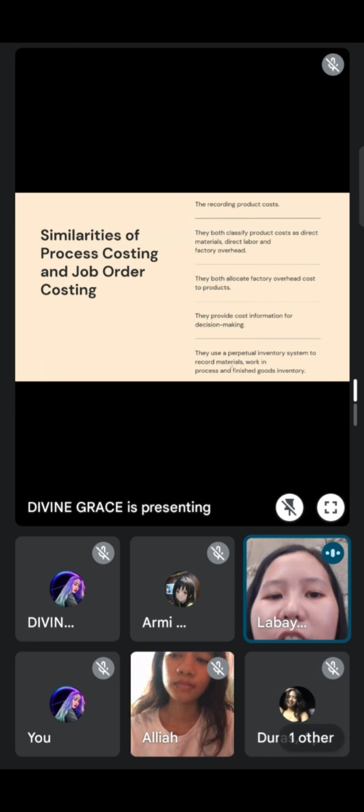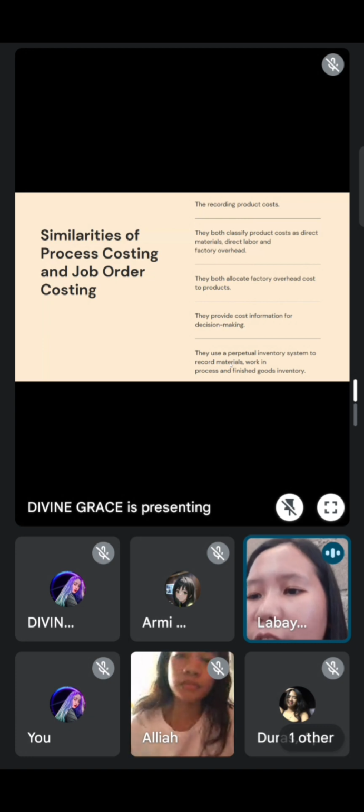Similarities of process costing and job order costing. Both systems involve recording and accumulating product costs for accounting purposes. Both systems classify product costs into direct materials, direct labor, and factory overhead for a comprehensive understanding of production expenses.